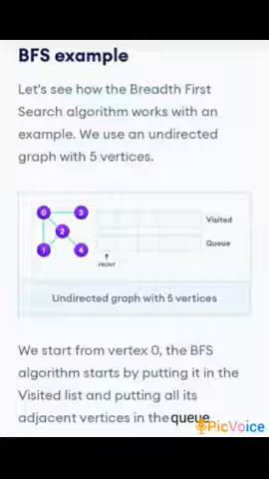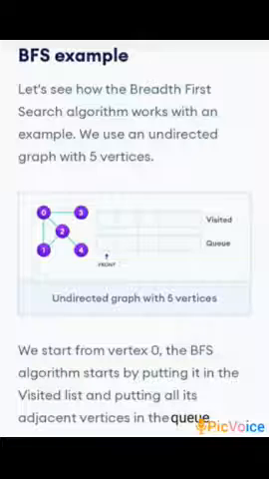The BFS algorithm starts by putting it in the visited list. That means we put it in the queue and delete it, and the deleted element is added to the visited list, and we put all its adjacent vertices in the queue. If we deleted an element, what do we have to do? We have to add the adjacent vertices of that deleted element.